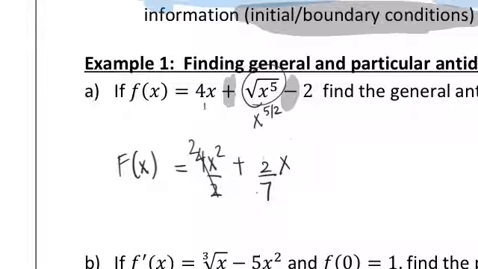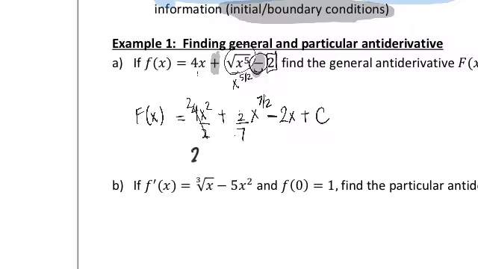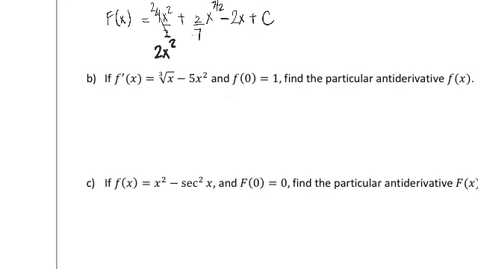Add 1 to the power and multiply by the reciprocal. 5/2 plus 1 is 7/2. And then this guy, the negative sign is just like a constant that's going to come down, right? So negative, and then the antiderivative of 2 is 2x. And then you're going to tack on plus c. Right, so 2x squared plus 2/7 x to the 7/2 minus 2x plus c is my general antiderivative.